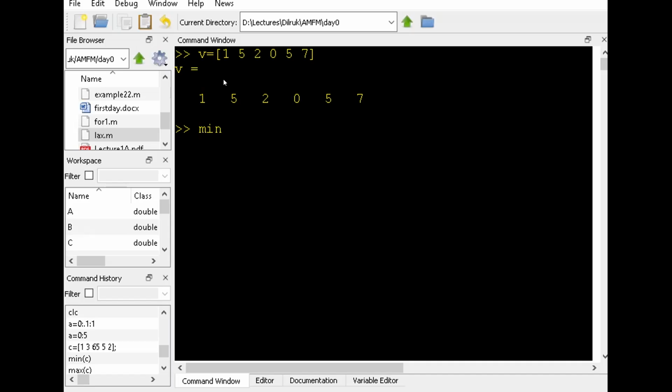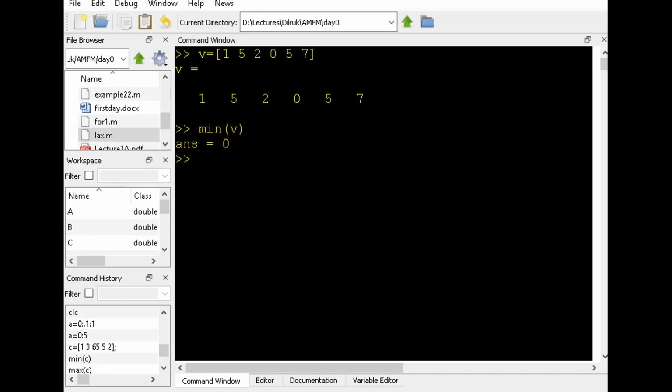Now I use a built-in function called min, right? So let's type this out. Okay, the minimum element is this one. Now I would like to see the position. I want to spot the location of this minimum value.